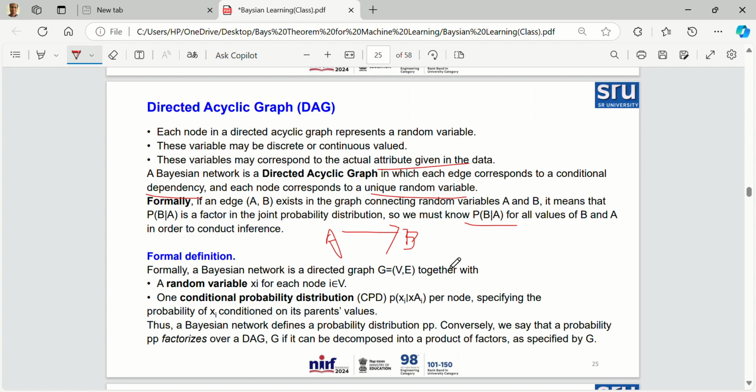Thus, a Bayesian network defines a probability distribution P. Conversely, we say that a probability distribution P factorizes over a DAG G if it can be decomposed into a product of factors as specified by G.